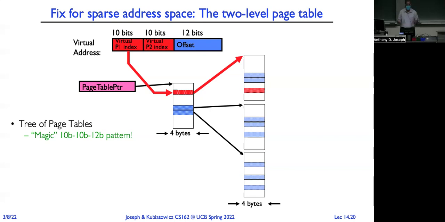So that's where our magic 10 comes from. This page contains the entire page table for that level: 4,096 bytes divided into 4-byte entries, 1,024 of those entries indexed with 10 bits. That's why this is a magic breakdown of a 32-bit number.